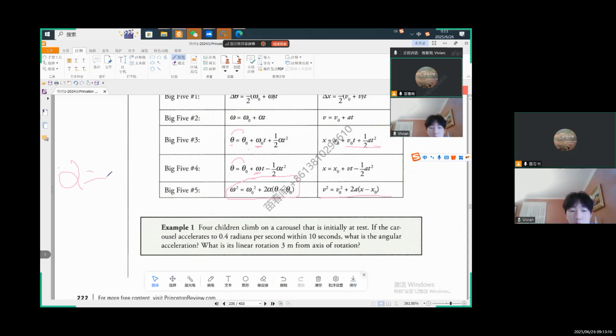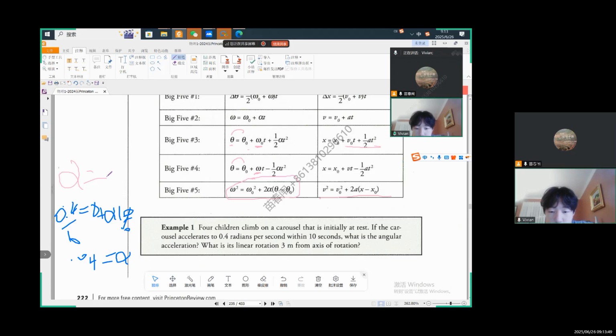So omega equals, 0.4 radians per second equals 0 plus alpha times 10. So alpha is 0.04 radians per second squared, right?